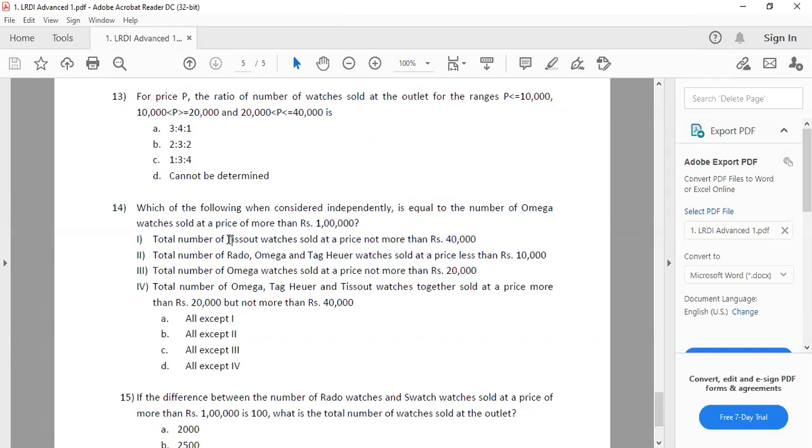How many Tissot watches are there whose price is not more than 40,000? That means less than 10,000, 10,000 to 20,000, 20,000 to 40,000. Adding all three, how many Tissot watches are there?